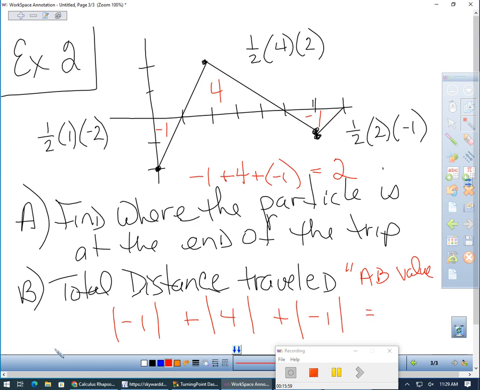So what do we get here? 6. Absolutely. So that's the total you traveled, is 6. If you think about it, you went left 1, then right 4, then left 1. So you ended up at 2, right? But that total distance you traveled, you have to add them all together.